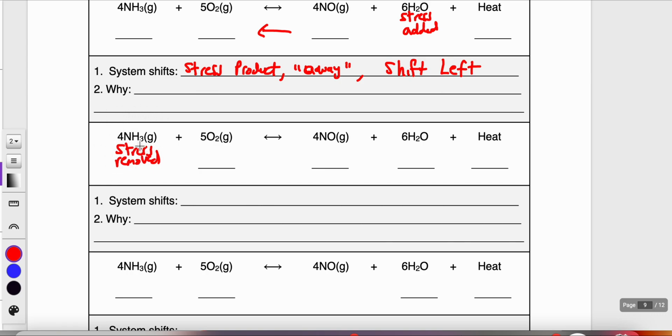NH3, the stress of removal, the stress is a reactant. NH3 was removed. So when the stress is a removal, the system will shift toward the stress, which means the system is going to shift to the left.